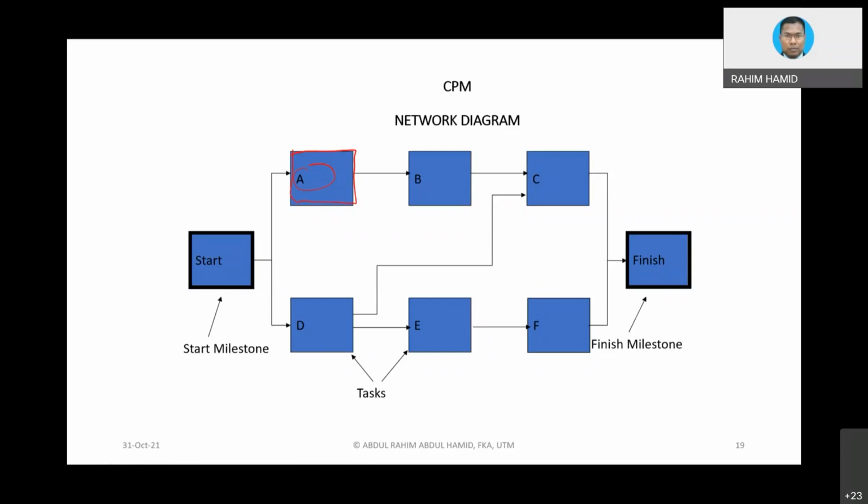For an AON diagram or CPM diagram, the diagram may simply give you A and D as a starting point.